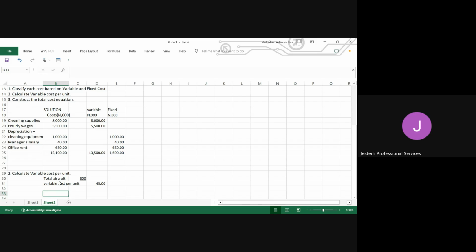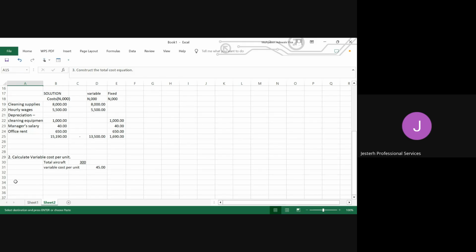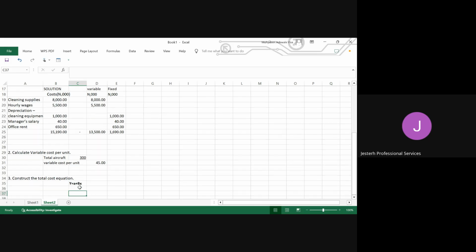Now, we want to know our total costs. Remember, we are not calculating the fixed cost here because we have already determined it. We will now construct the total cost function, which is the third one. Very simple. Remember the formula, A plus B, because without knowing this formula, we won't know how to use all these things.